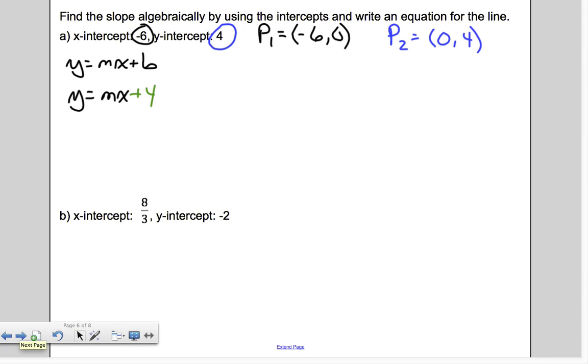Once we have 2 points on our line, how do we calculate slope again? Yeah, so m is equal to rise over run, same as delta y over delta x, which is the same as y2 minus y1 over x2 minus x1. Okay?